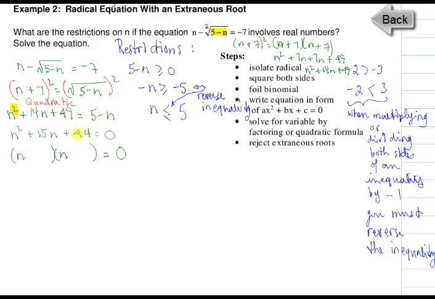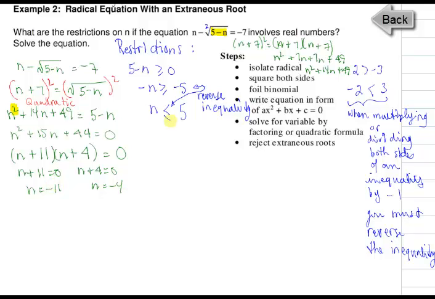The two numbers that multiply to give me 44 and add to give me 15 are 11 and 4. And they both should be positive. So positive 11 plus positive 4 is 15, and 11 times 4 is 44. Okay, set each factor equal to 0, and you get that one root is negative 11, and the second root is negative 4.